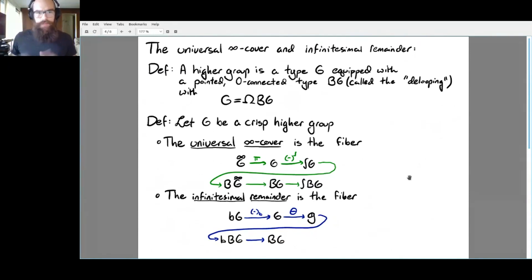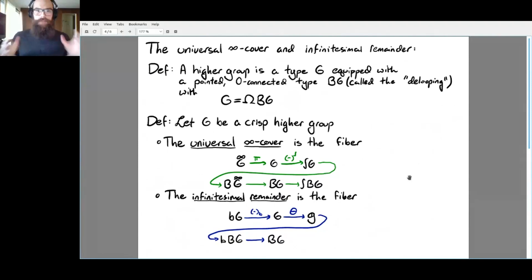So the reason we think of this as a group is that the idea of what a group is, is the symmetries of some object. So that object is the point of BG, and here we see that we're identifying G with the symmetries or self-identifications of that object with itself. Now the reason we want BG to be zero-connected is effectively that we don't want any other extraneous objects existing when we're studying this object that we're interested in the symmetries of.